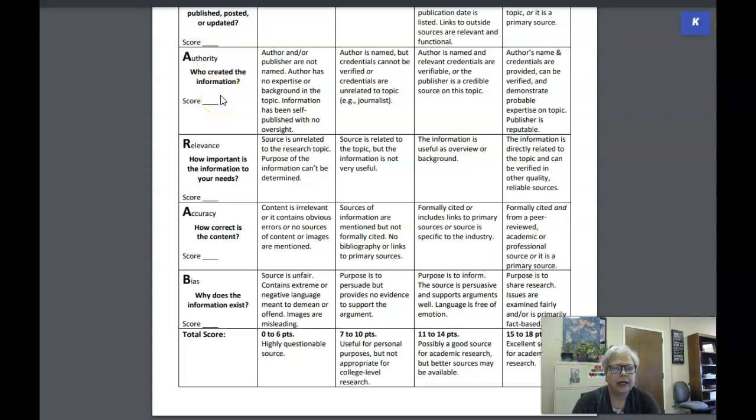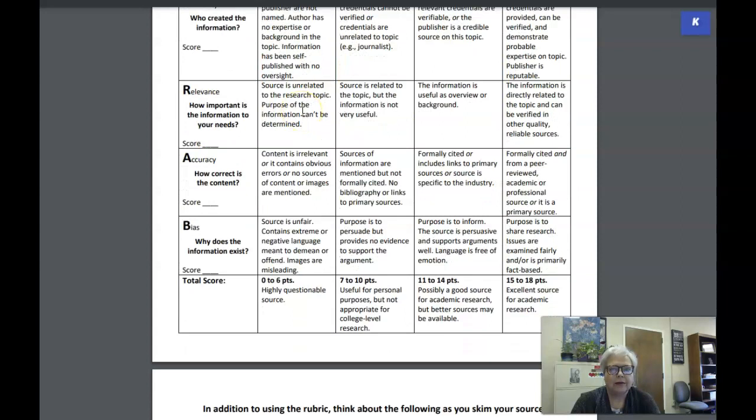Authority. Who created the information? If the author's name and credentials are provided, can be verified, you can see that this is a reputable publisher and all of that, then this is a good source.